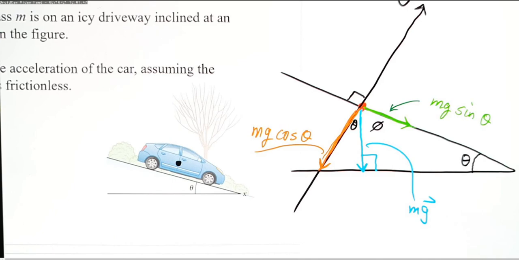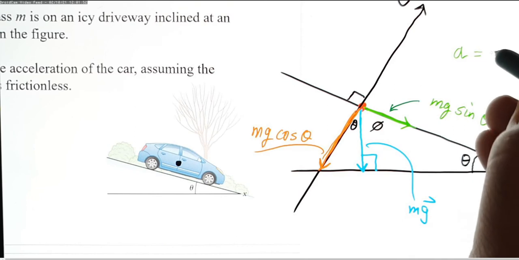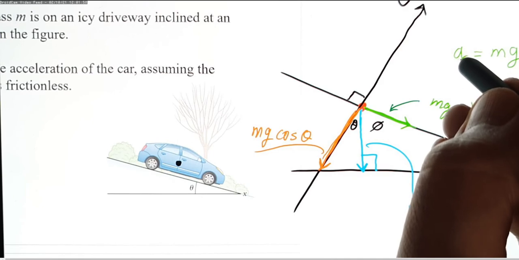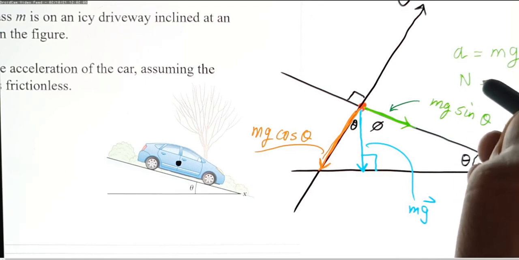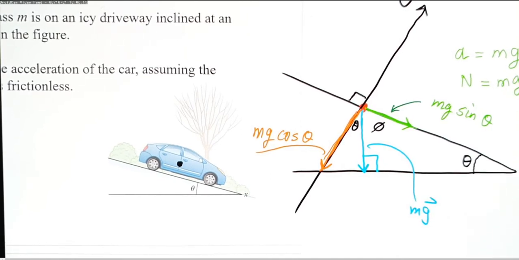Any inclined problem, you will have acceleration mg sine theta. And this is the magnitude of the acceleration and the direction parallel to the x-axis. And you have the normal force, the magnitude of the normal force is mg cosine theta. And it is pointing perpendicular to the x-axis, not perpendicular to the ground, perpendicular to the x-axis.